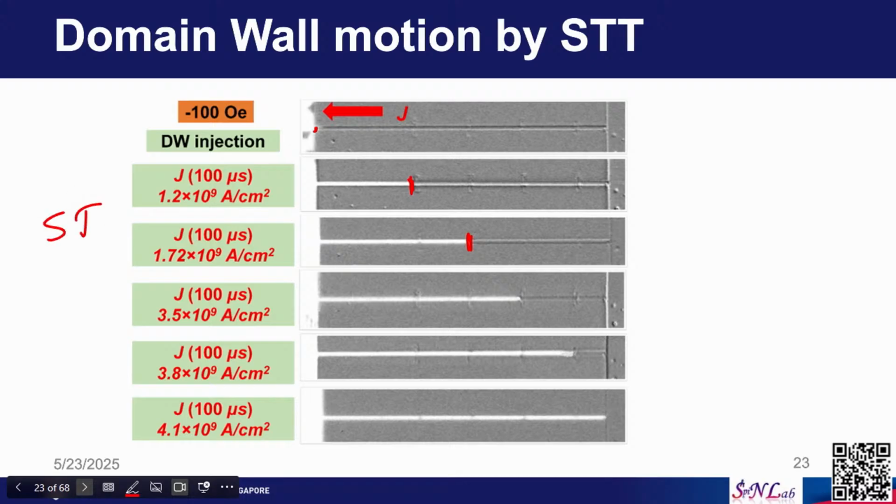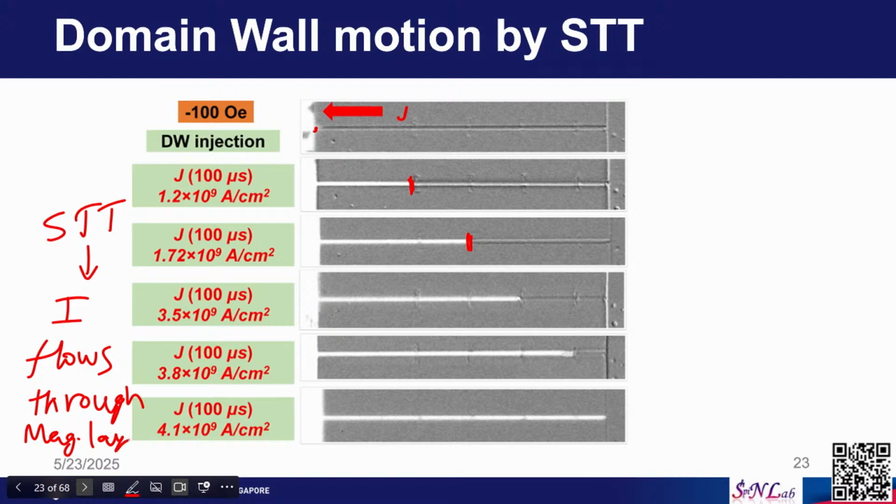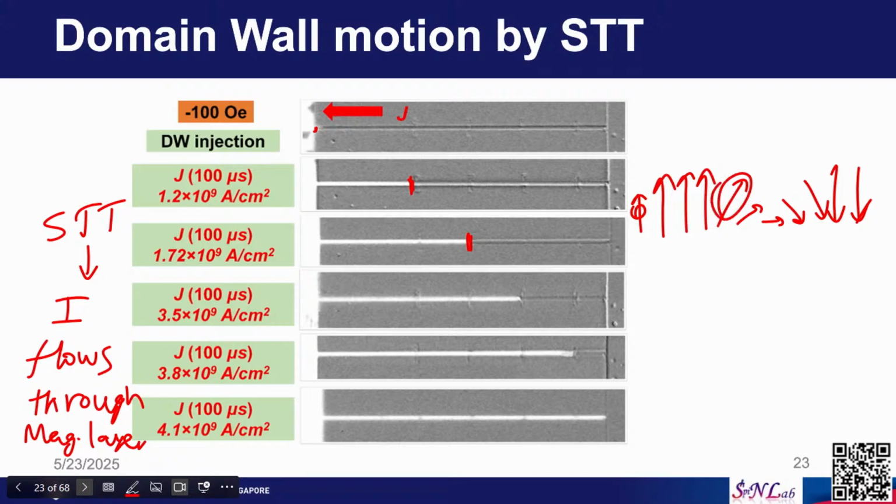So, in spin transfer torque, the current flows through the magnetic layer. If you remember a few slides ago, I told you that we have domains like this, and the electron spins interact with this spin particularly, then we have domains like this and so on.